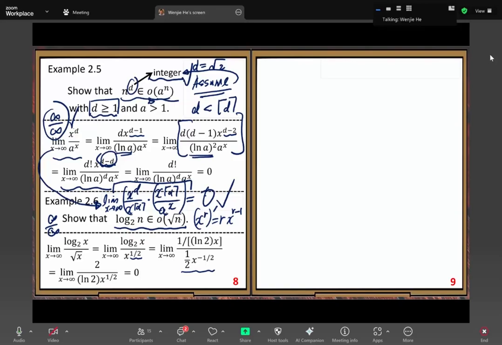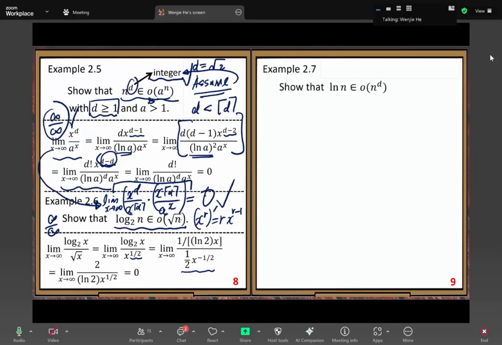Our last example in this module, part C, is a more general version. So we go from a special case to a general case.